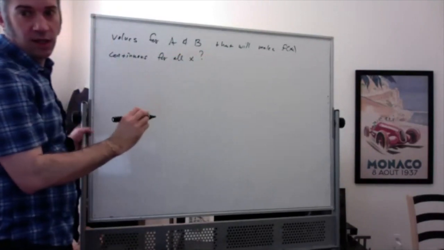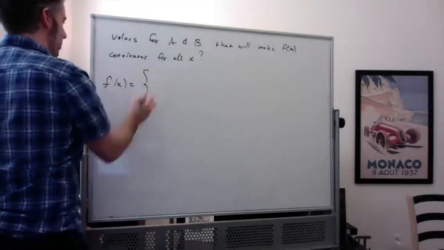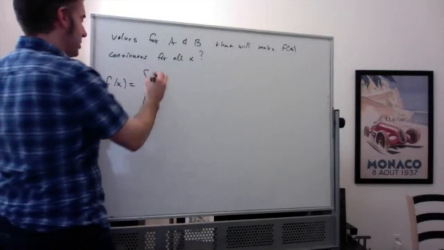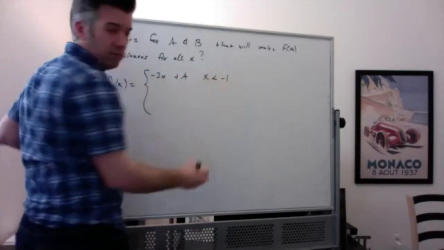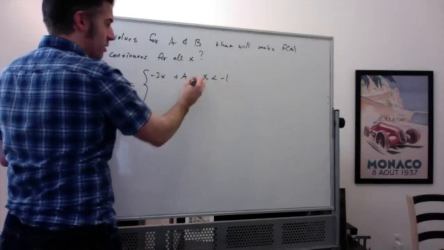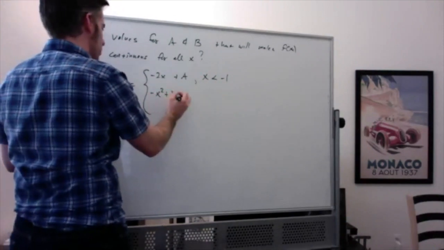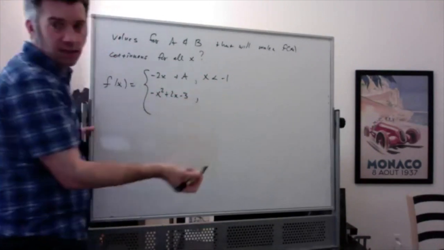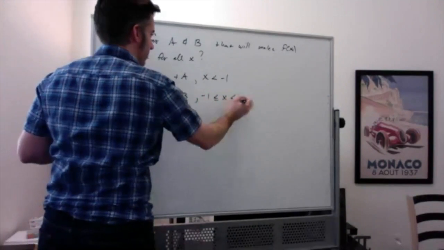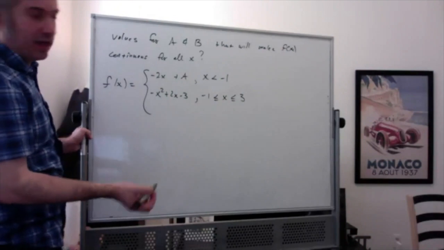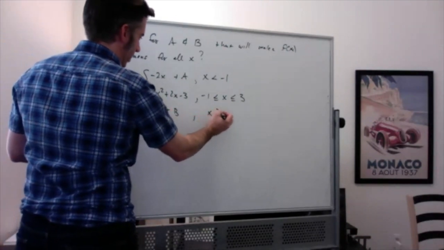And the function is a piecewise function. It is negative 2x plus a when x is less than negative 1. It is negative x squared plus 2x minus 3 when x is between negative 1 and 3. And it is x plus b when x is greater than 3.